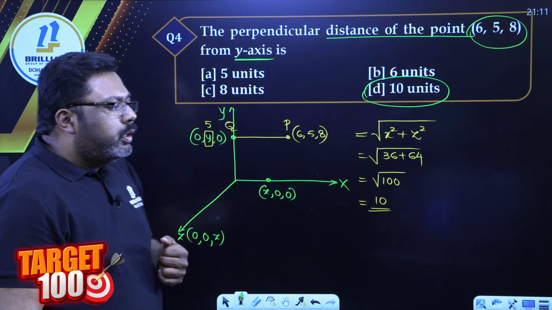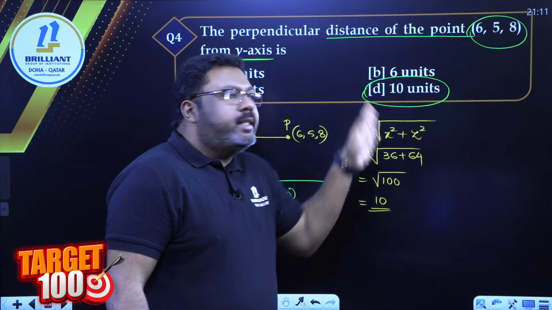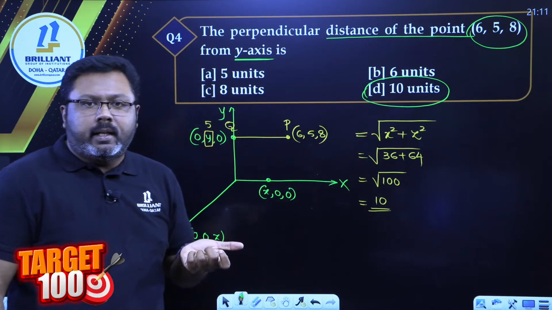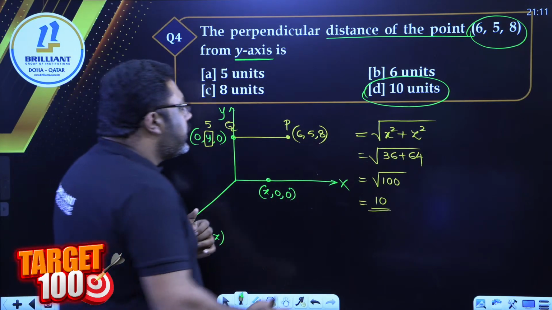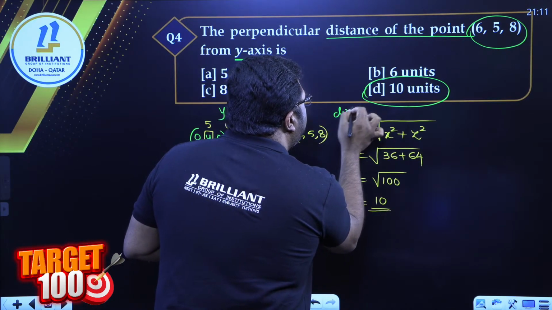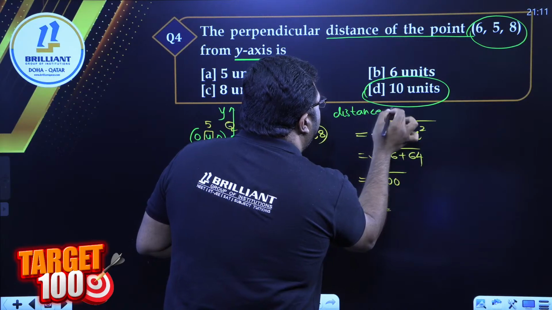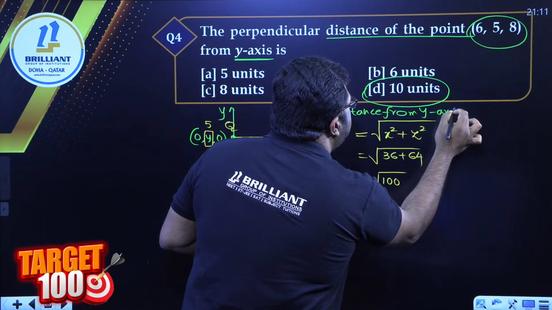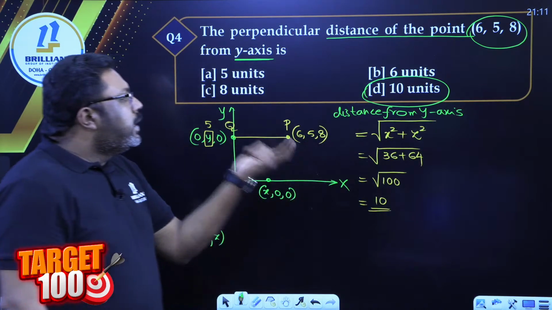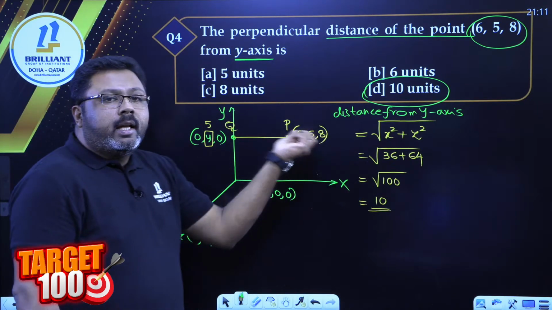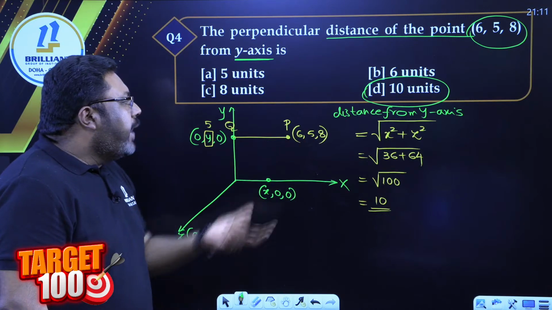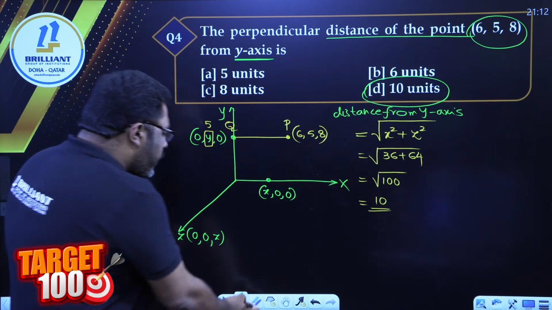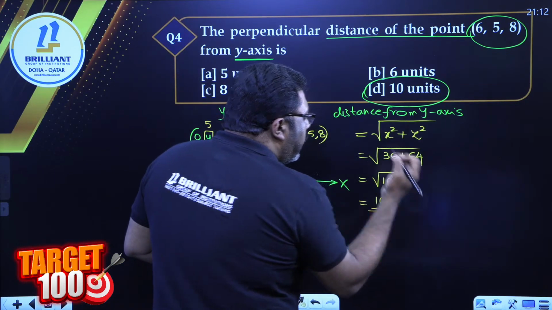10 units. All of you try to understand the distance of a particular point from an axis. From the y-axis, the y coordinate disappears. The distance from the x-axis means the x coordinate disappears, and the distance from the z-axis means the z coordinate disappears. So if you want, you can learn it.